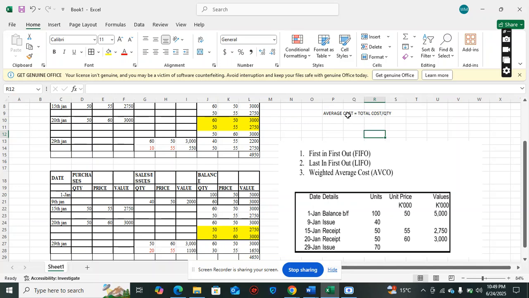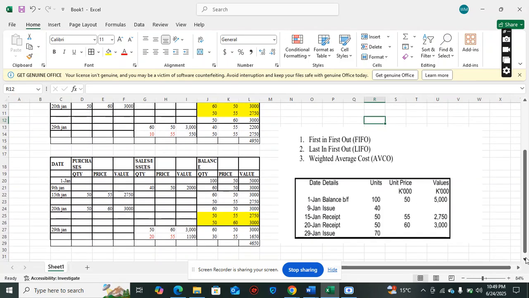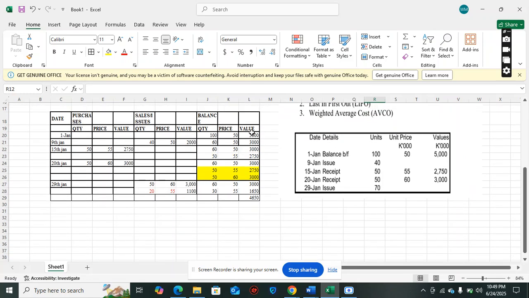So we'll be applying this every time there is a purchase. Okay. Instead of separating like here, while we're separating, we'll be getting the average. Okay. So let me get this and prepare the average costing method.